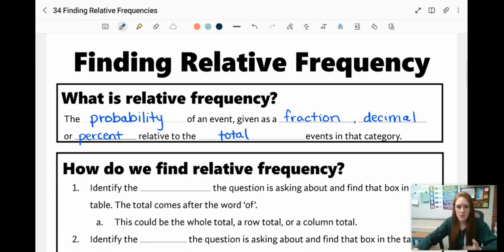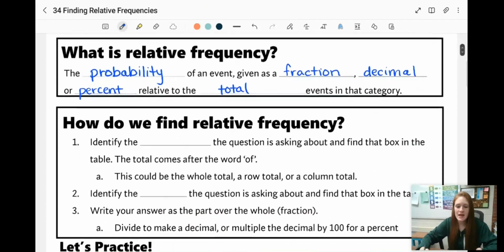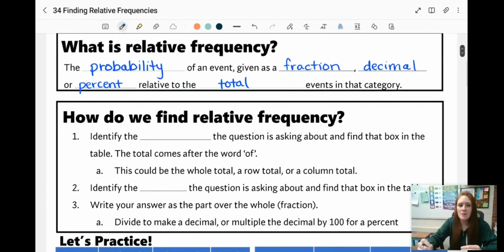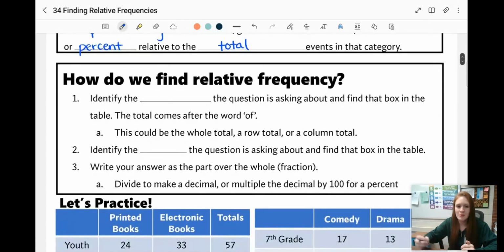Okay, so that's what we're going to be doing, is taking and instead of just stating a number, we're going to be comparing two numbers. So a little bit harder or more complex of a skill from just naming a number in the table.